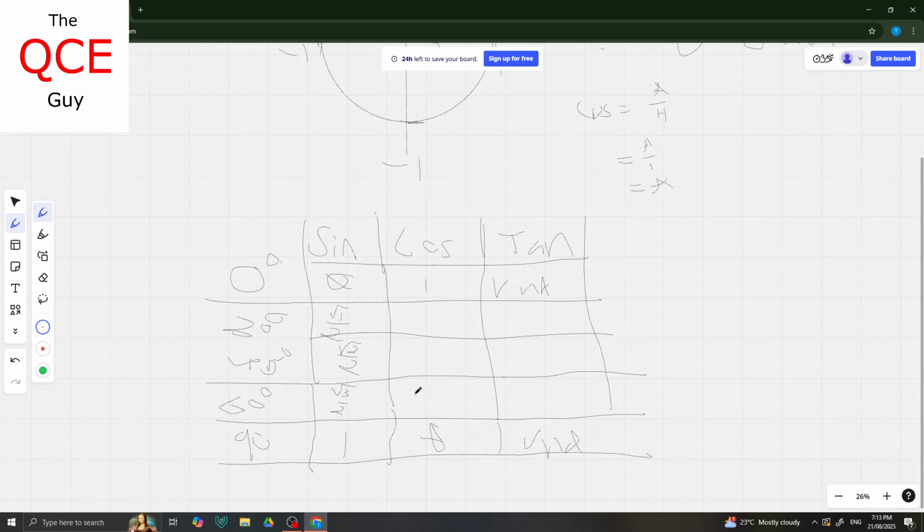And the awesome thing about cos is that it's that series of numbers reversed. So it's root 3 on 2, root 2 on 2, root 1 on 2.